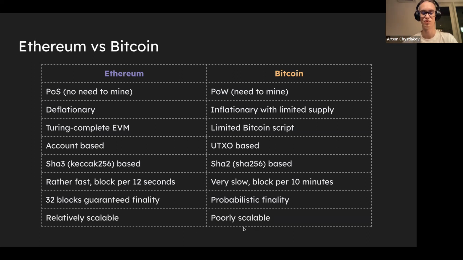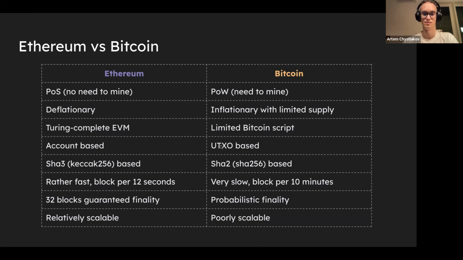Bitcoin is poorly scalable. First of all, because it is the first one, the paragon. And there are certain attempts to make Bitcoin a bit more scalable.